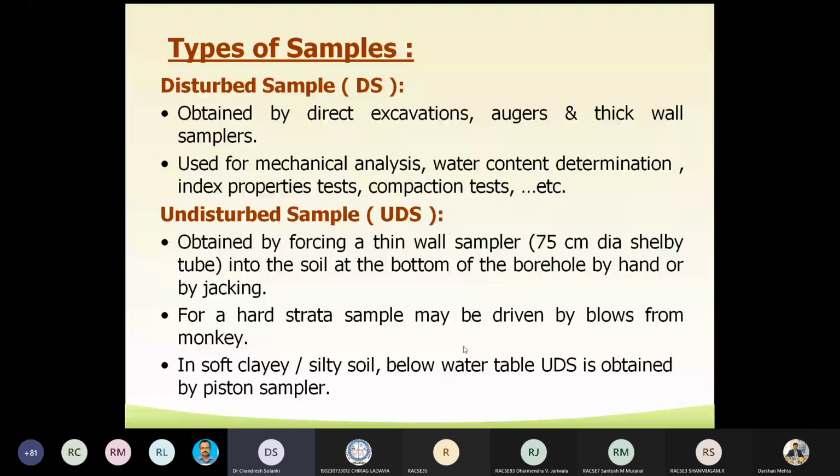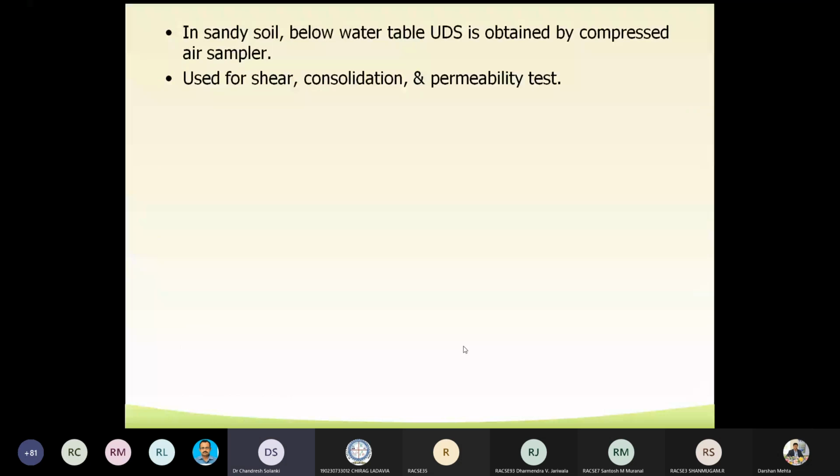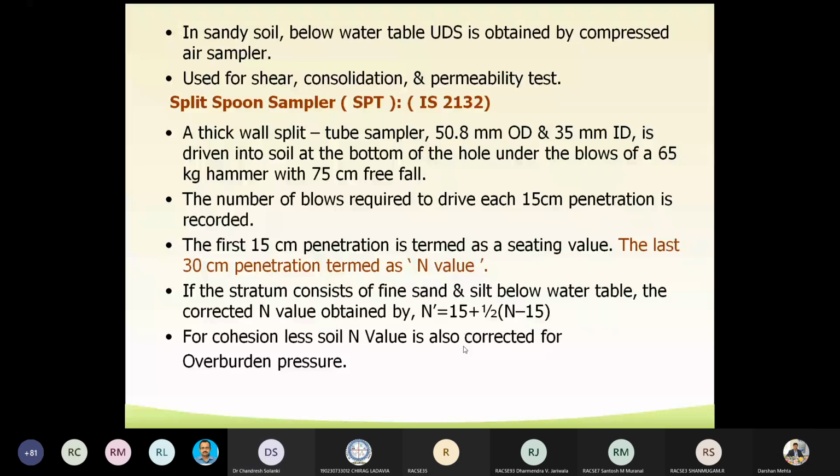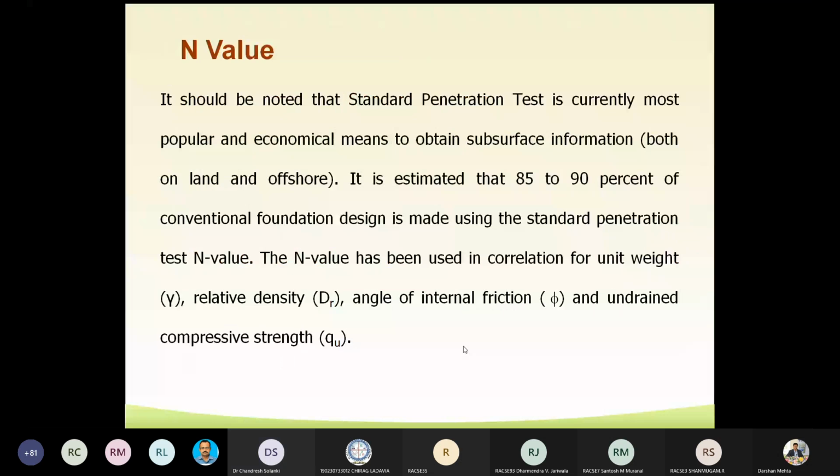Here we are applying the dilatancy correction and overburden correction to the N value. It should be noted that the standard penetration test is currently the most popular and economical means to obtain subsurface information, both on land and offshore. It is estimated that 85 to 90% of conventional foundation design is made using the standard penetration test, known as the N value.